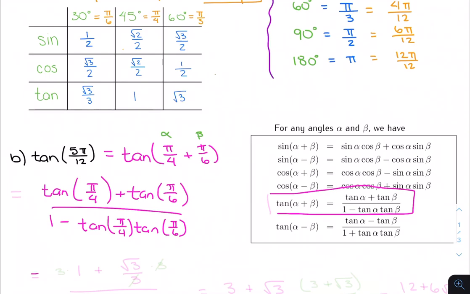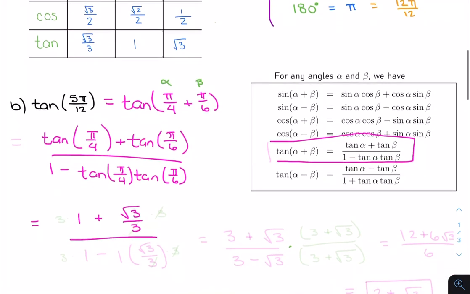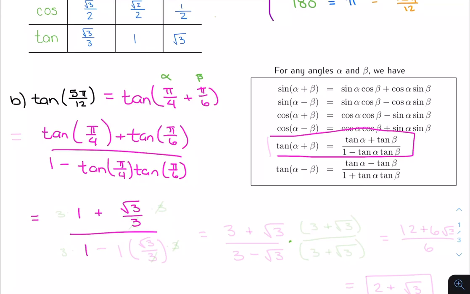So now we can just evaluate each of these. Tangent of pi over 4 is 1, according to the table or the unit circle, whichever you choose to use. Tangent of pi over 6, that's the square root of 3 over 3, all over 1 minus, as we said, tangent of pi over 4 is 1 times the square root of 3 over 3.